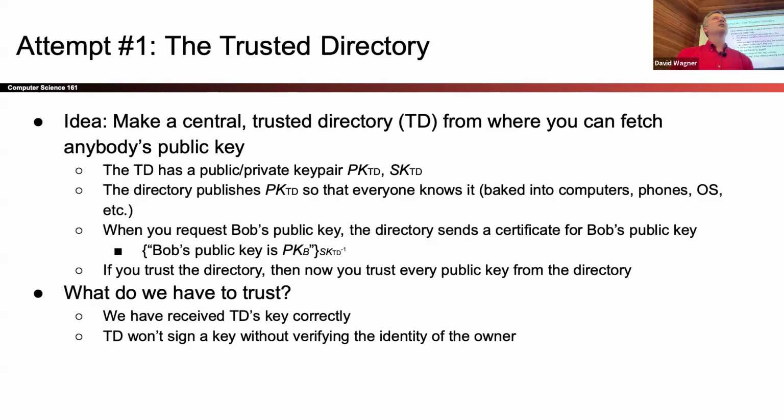I don't have to make a network connection to the trusted directory. This is like a performance optimization. The trusted directory doesn't have to get all these queries every time anybody wants to send any email ever. I just need to get their certificate from the recipient.